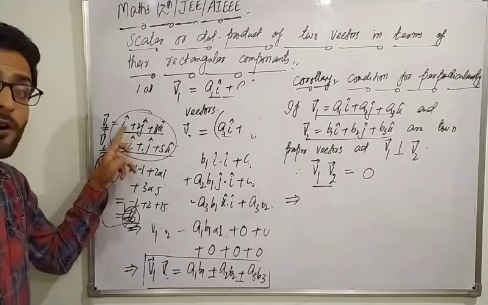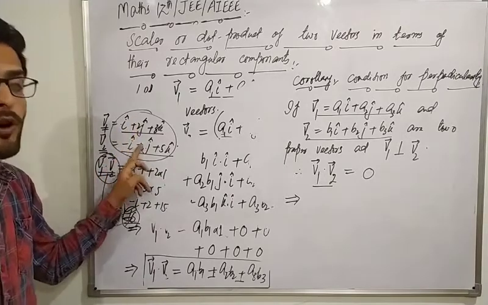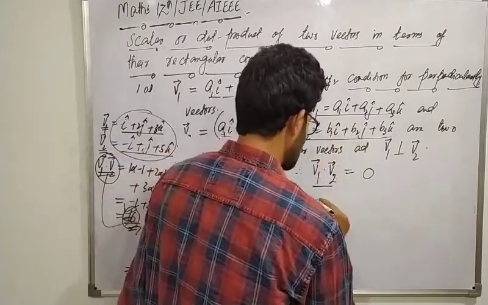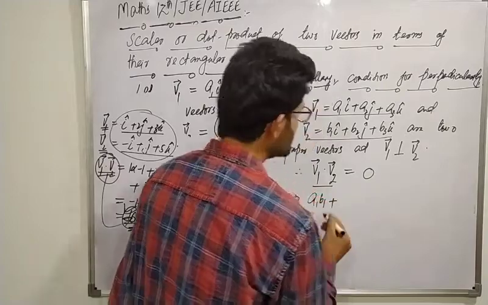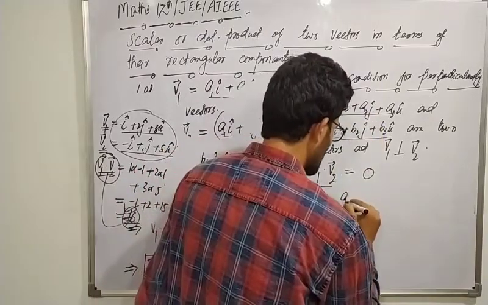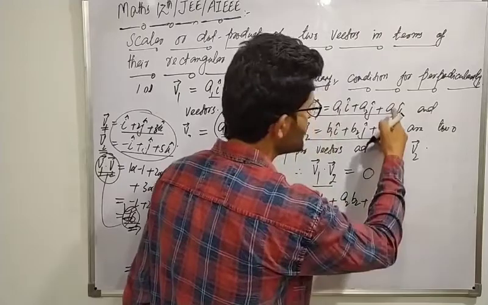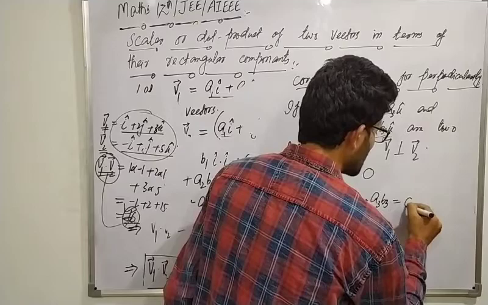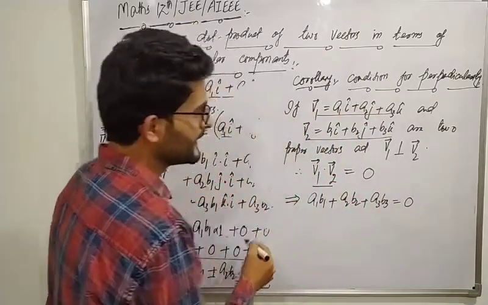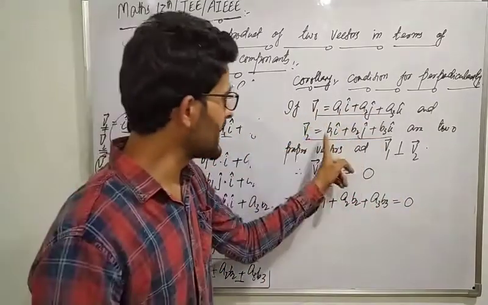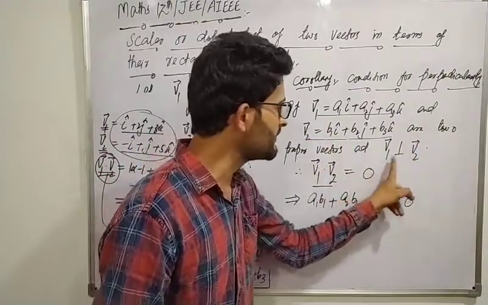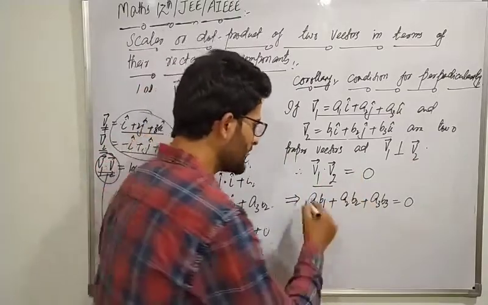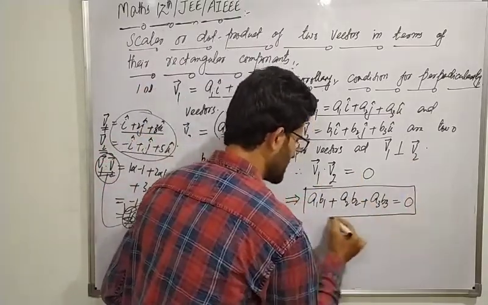Sum of products of their corresponding scalar components, corresponding rectangular components. तो यहां पे क्या आएगा जिगरा, a1 b1 plus a2 b2 plus a3 b3 is equal to 0. So that is, if v1 equal to this and v2 equal to this are two proper vectors and v1 is perpendicular to v2, then obviously their dot product is 0 and obviously a1 b1 plus a2 b2 plus a3 b3 is equal to 0.